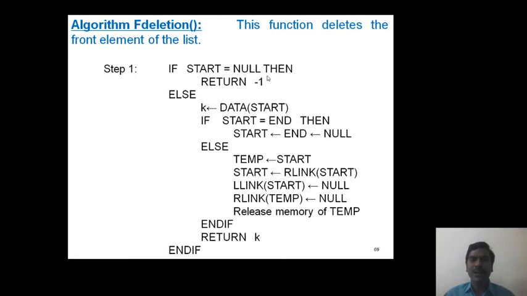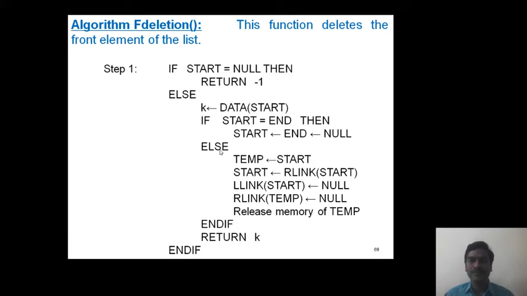If start equals null, that means elements are not available, then return -1. Else, if elements are available, first access the data part of the start node as k equals data of start. If start equals end, then start equals end equals null.